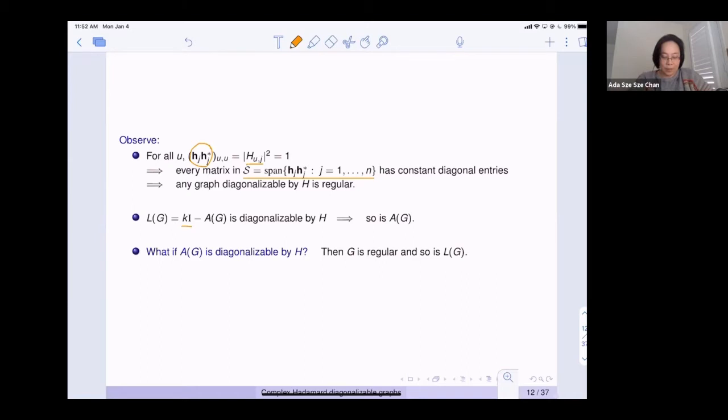So if I have the adjacency matrix of a graph that is diagonalizable by some complex Hadamard matrix, which might not be dephased, they can show that the graph has to be regular. And because the graph is regular, its Laplacian is just k times I minus A, so its Laplacian matrix is also diagonalizable by H. This tells us that it doesn't really matter whether you talk about the adjacency matrix or the Laplacian matrix when you look at graphs that are diagonalizable by a complex Hadamard matrix.